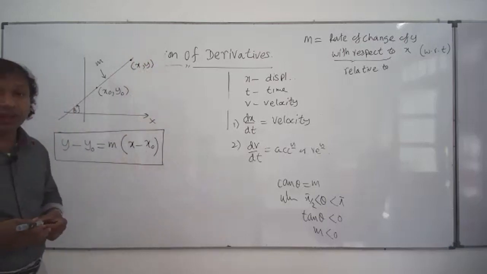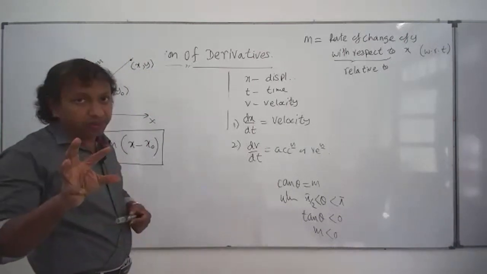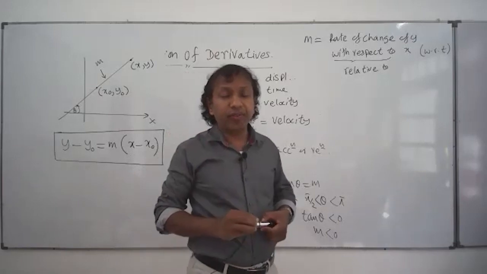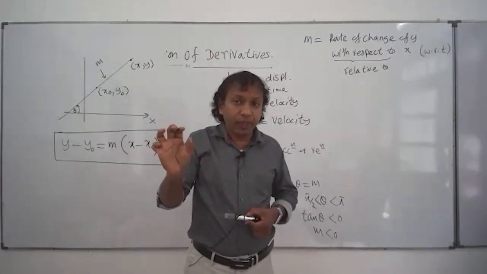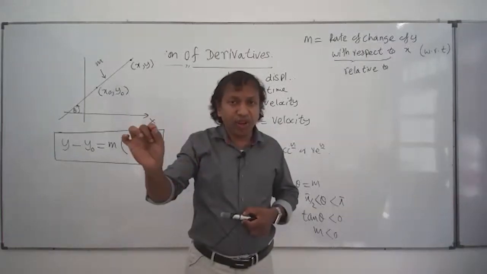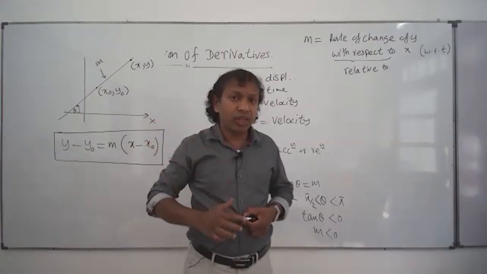When we consider any point on the line with coordinates x and y, the relationship between x and y is called the equation of the line.